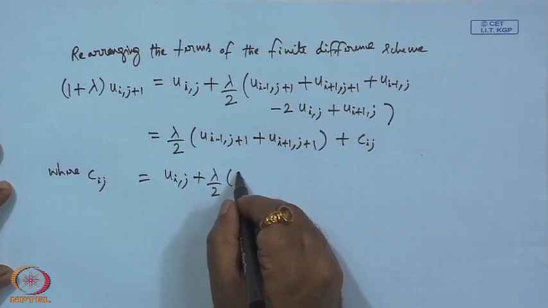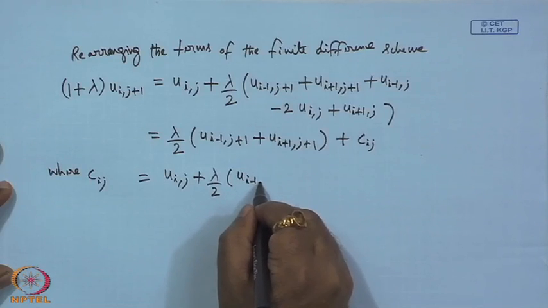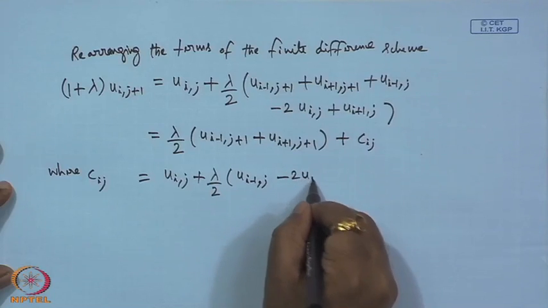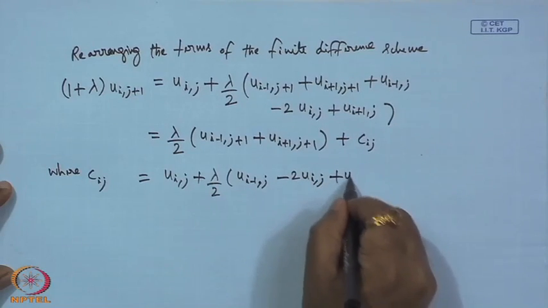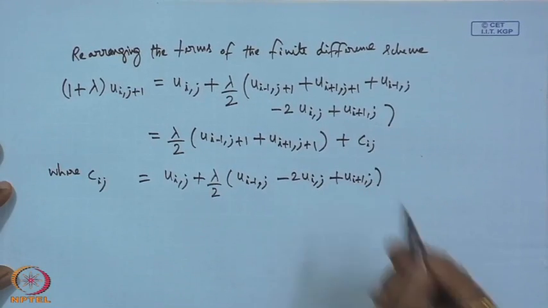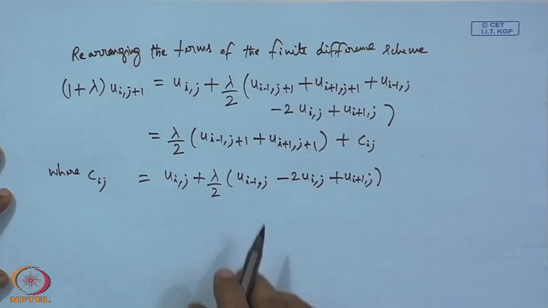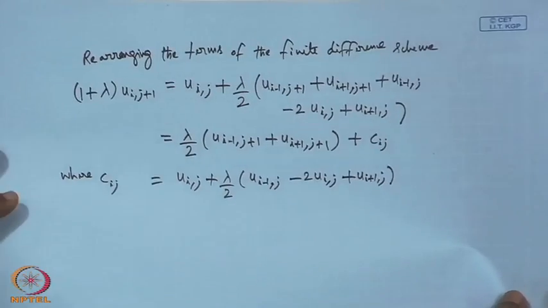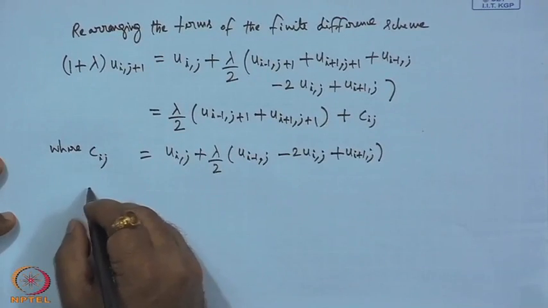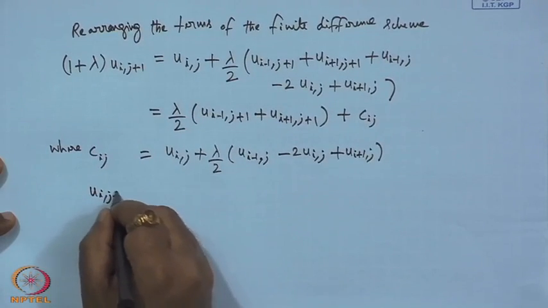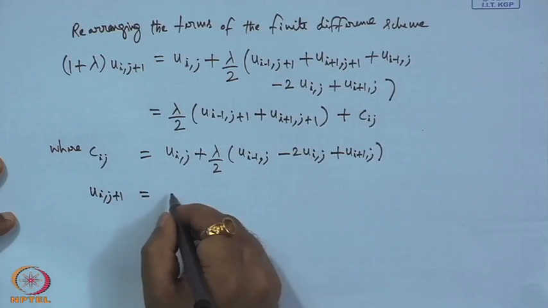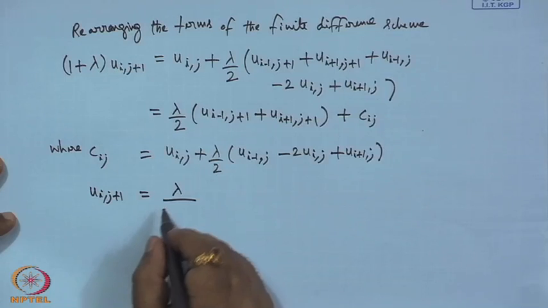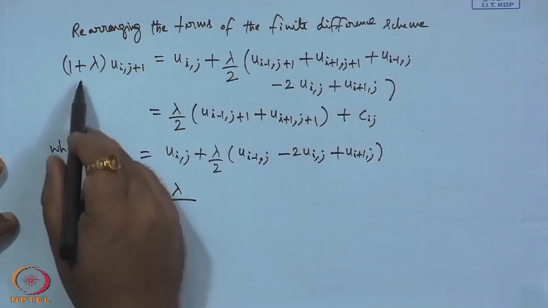So, they will be i minus 1 j, i j. Okay. So, this is just for convenience. So, then accordingly we have u i j plus 1 is lambda by... because we have 1 plus lambda there.